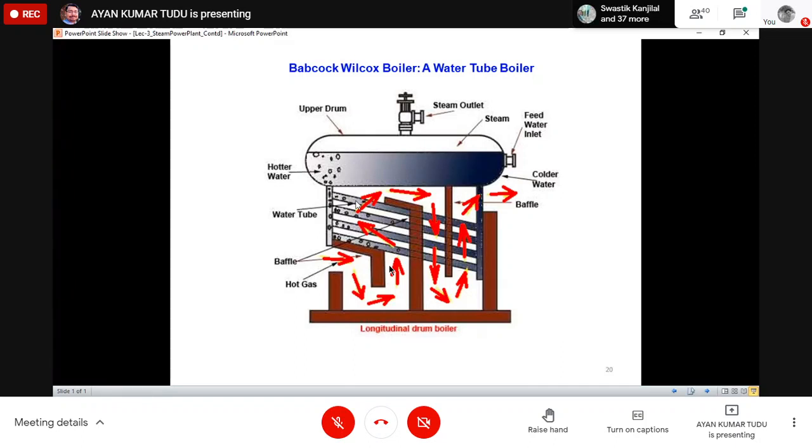Just reply, I'm not able to tell whether you all are here or not. So what is the function of the water treatment plant? We'll talk about it later, but we can guess that the water treatment plant makes impure water into pure feed water, which is free of any impurities and sediments.